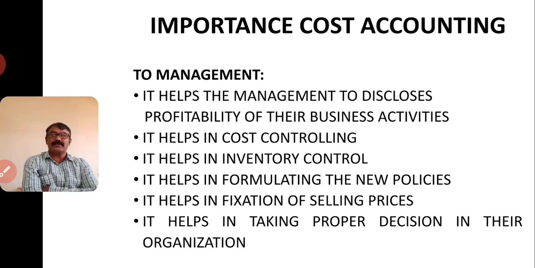To the cost of sales, we add a certain percentage, 20%, 25%, 30%, on the total cost, and we get the selling price. The determination of the selling price is very easy in cost accounting. We can take precautions in fixing the selling price.